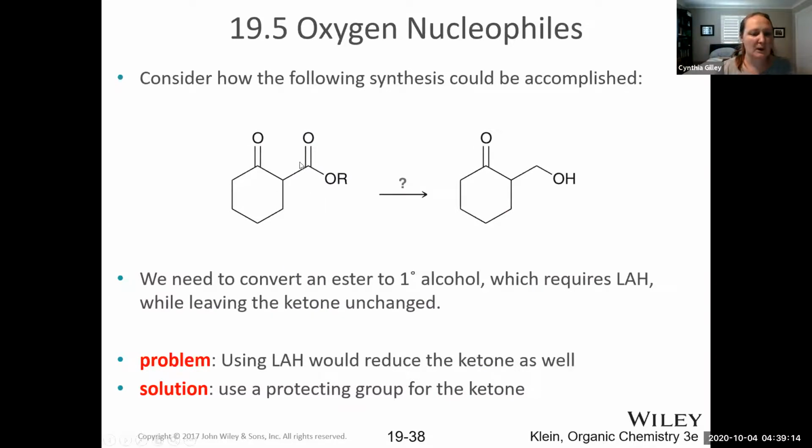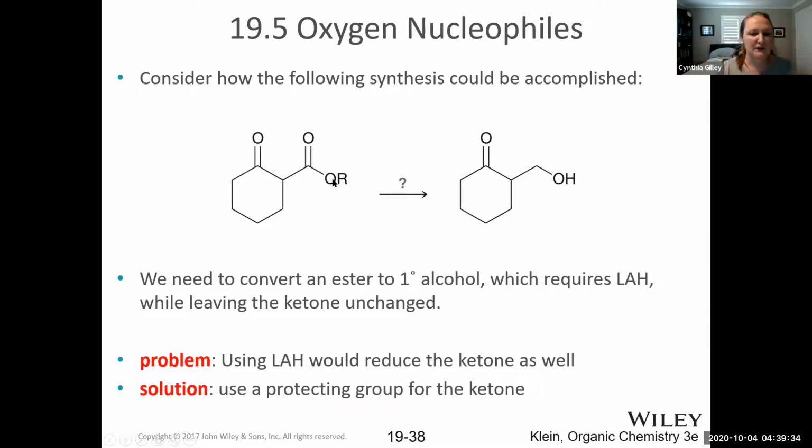So let's look at an example. Consider how we would reduce this ester to a primary alcohol in the presence of a ketone. This is actually very difficult because the carbonyl carbon of a ketone is more electrophilic than the carbonyl carbon of an ester.